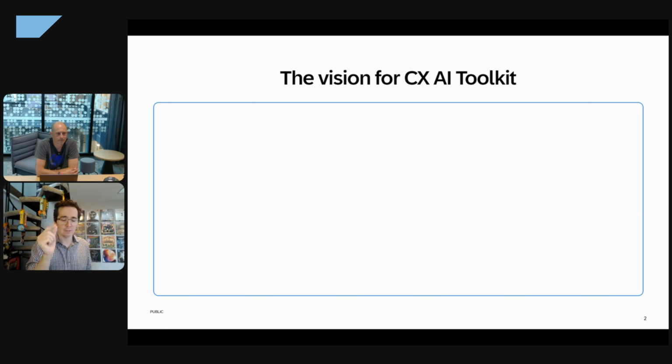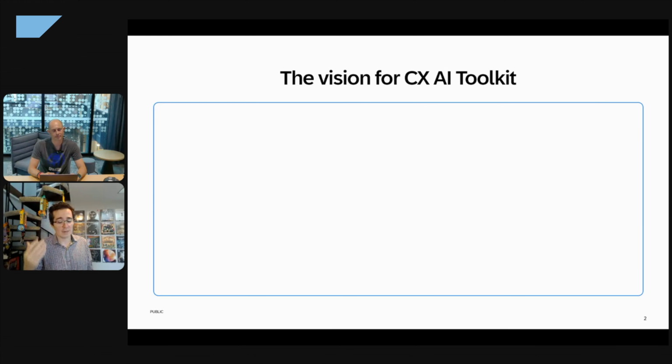So for us, as part of CX, when we started this journey, we were looking at how we can bring generative AI to the customer experience portfolio in a way that was impactful, that was maybe different from other options out there where you just have one little AI widget for one application and that's it.